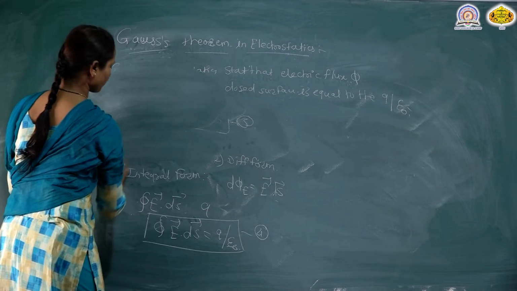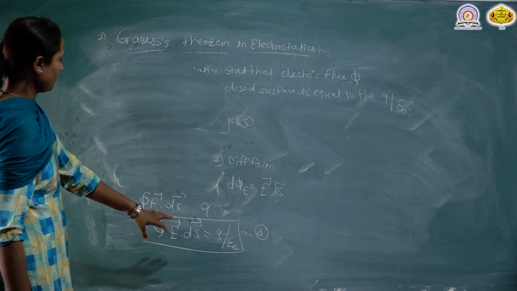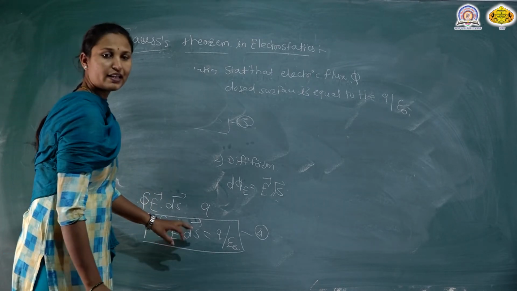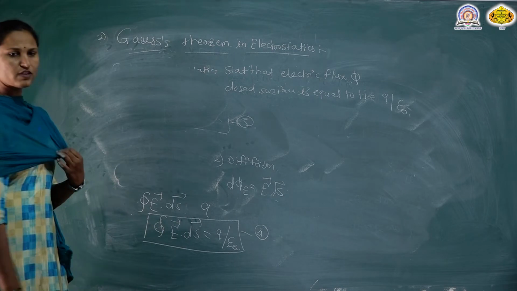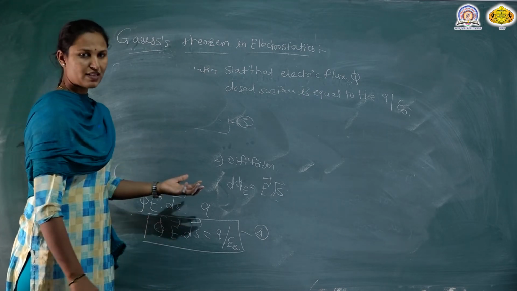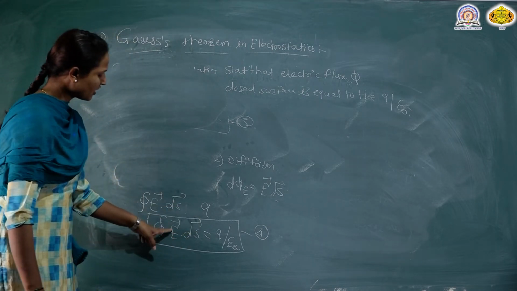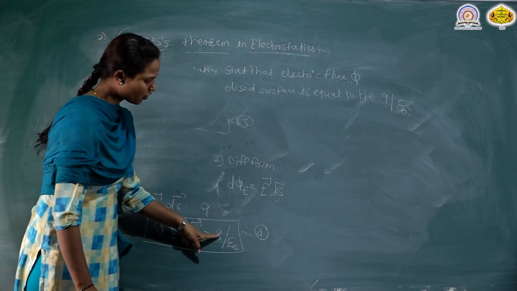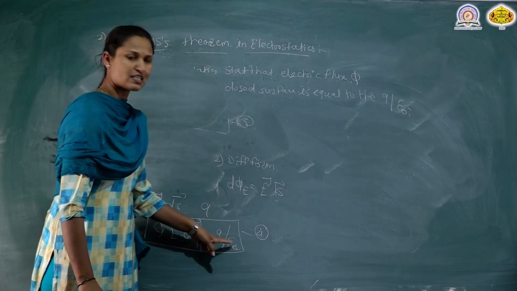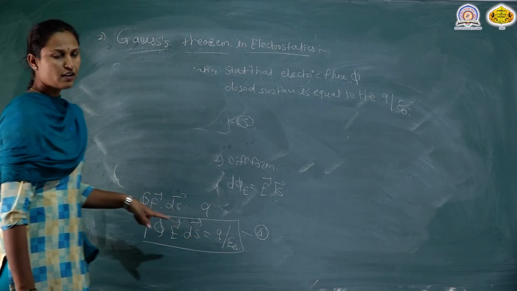The electric flux passing through the small element is E vector dot ds vector equals q upon epsilon naught, where Q is the charge and epsilon naught is the permittivity.